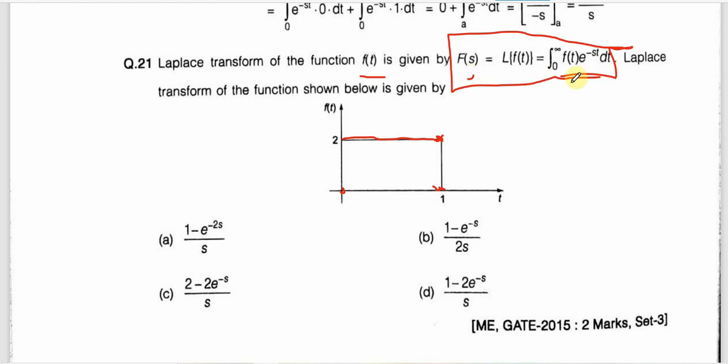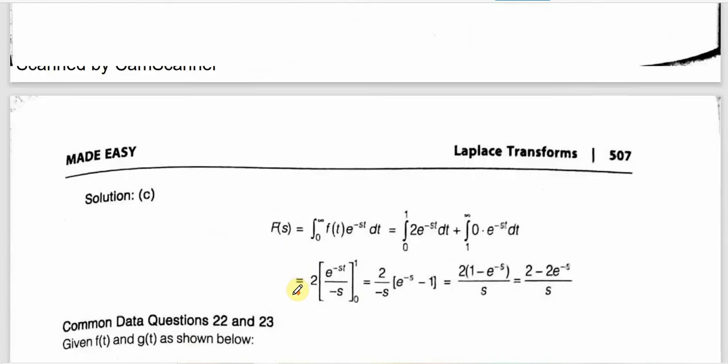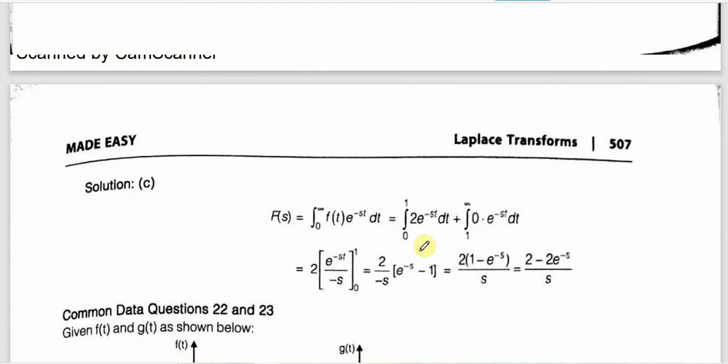So simply we integrate from 0 to infinity and put f of t: from 0 to 1 we put 2, and from 1 to infinity we put 0. Integrating likewise, 2 minus 2 into e to the power minus s upon s will be the answer.